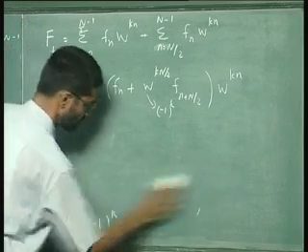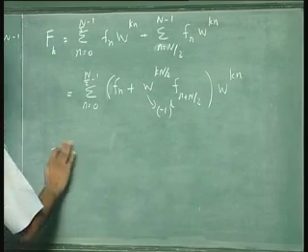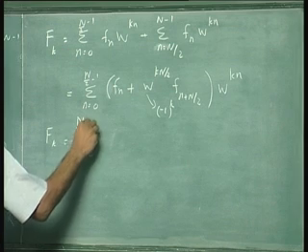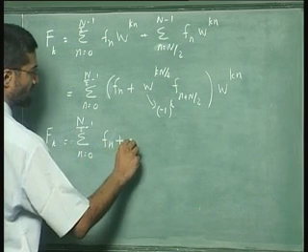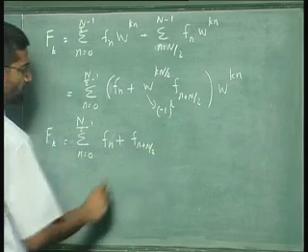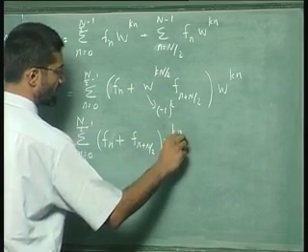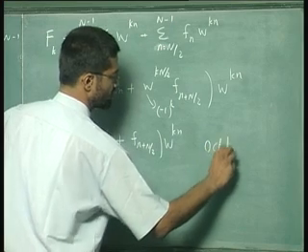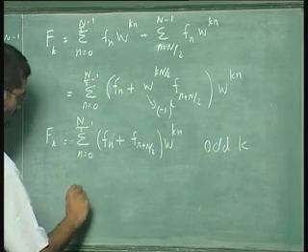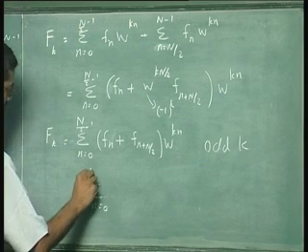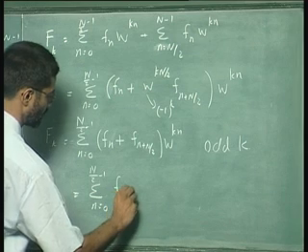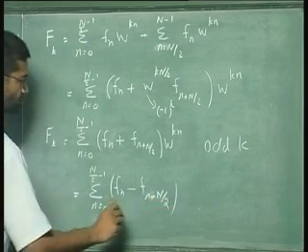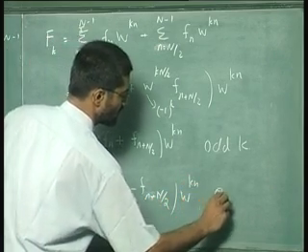So we have now this F(k) as sigma n going from 0 to n by 2 minus 1 of f(n) plus f(n plus n by 2) times w to the power kn for even k, and equal to sigma n going from 0 to n by 2 minus 1 of f(n) minus f(n plus n by 2) times w to the power kn for odd k.